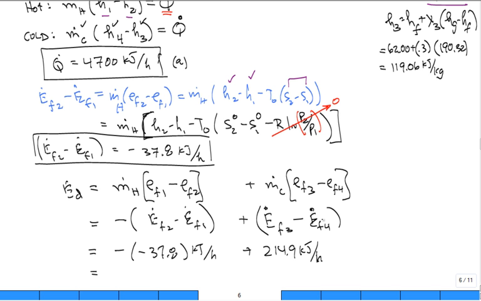And the way you do that is you have to go back and get the flow exergies, getting the entropies out of the table. So this right here is H3 minus H4 minus T naught times S3 minus S4 out of the superheated table. And so what we find is the exergy destruction rate is a whopping 253 kilojoules per hour.